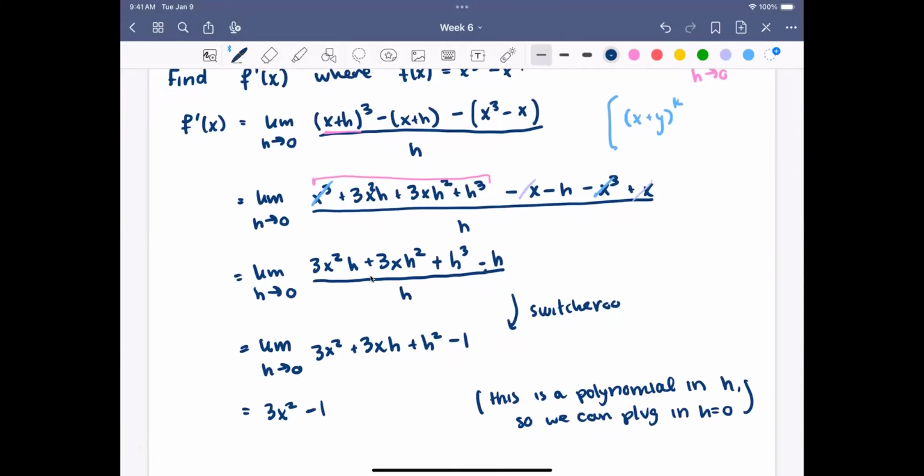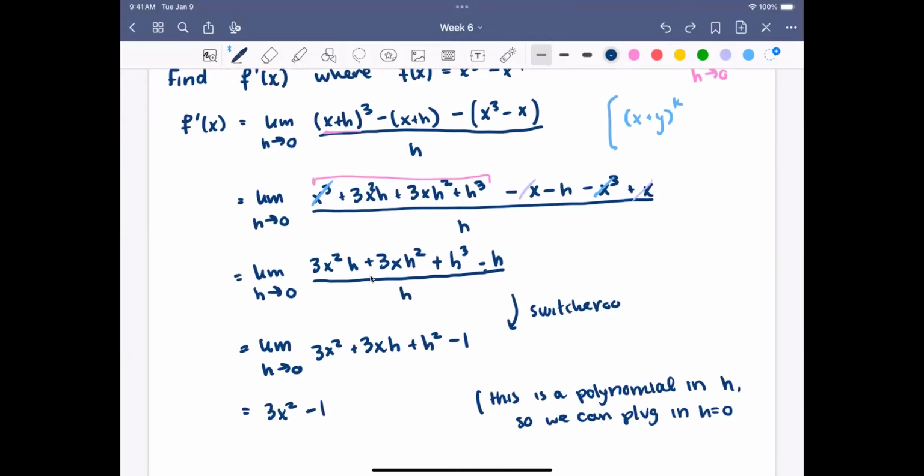Could you repeat what a polynomial is? Something is a polynomial in h if it has terms given by h raised to some power times some coefficient, and then you just add up some number of those terms.